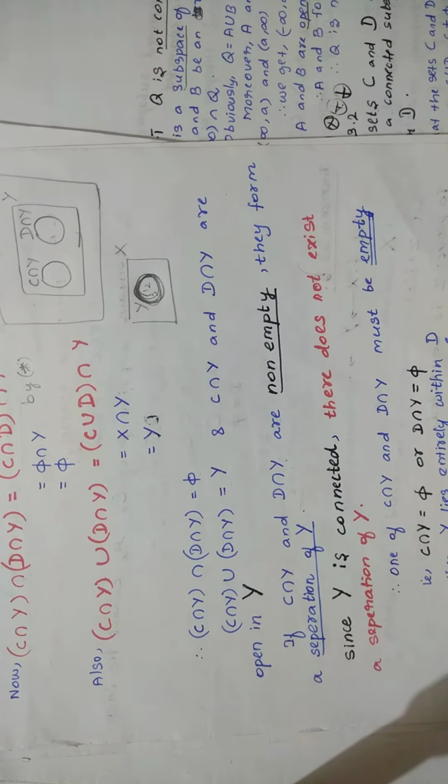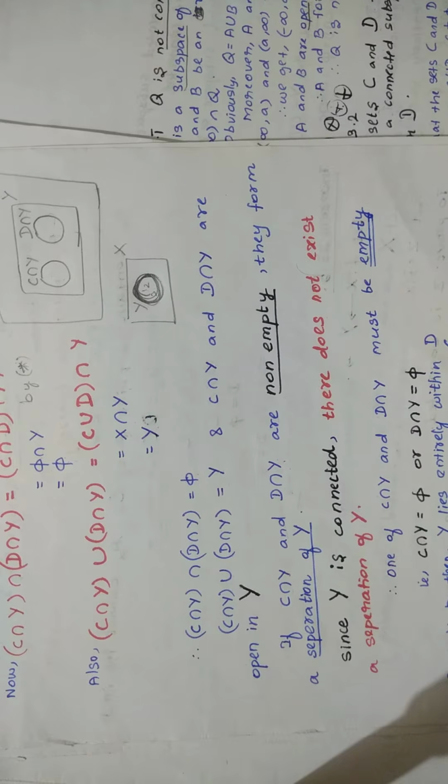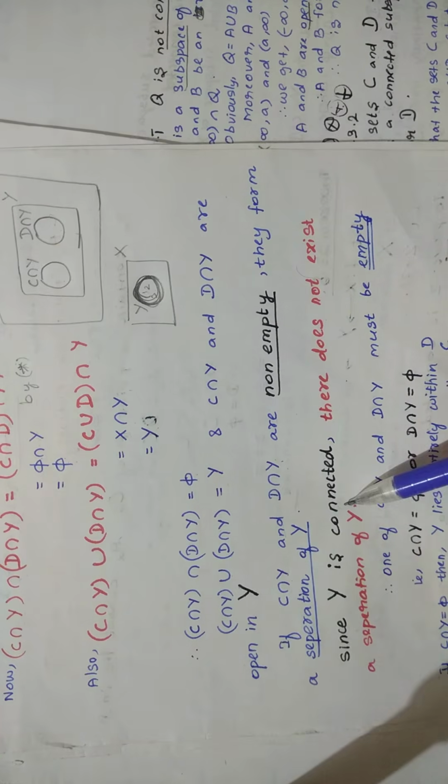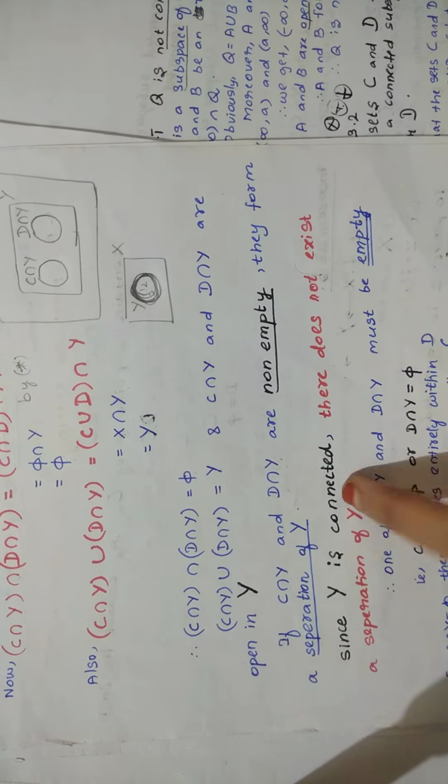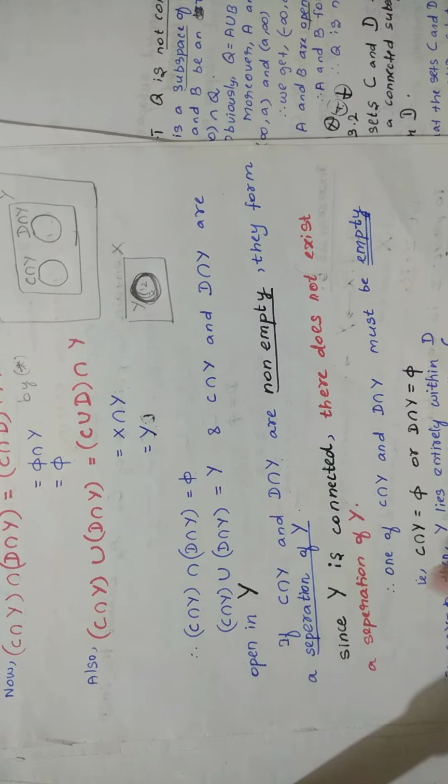In our statement they are given you Y is connected. They are not talking about Y being separated by some other sets. So that is why, since Y is connected, there does not exist a separation of Y. Now then what is going to happen?